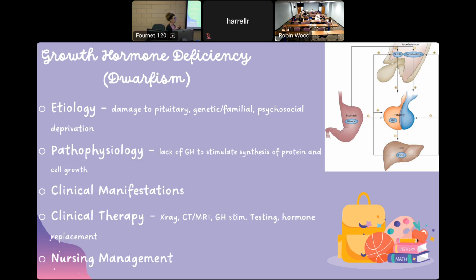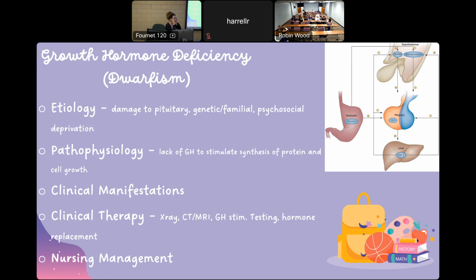Very common to see those occur together because the pituitary is in the brain. So, damage to the brain. We can see genetic or familial linkages here. It can be part of certain genetic syndromes. And then also psychosocial deprivation.